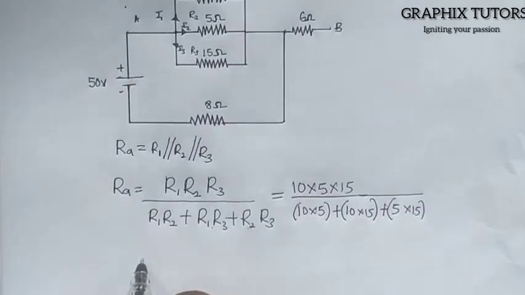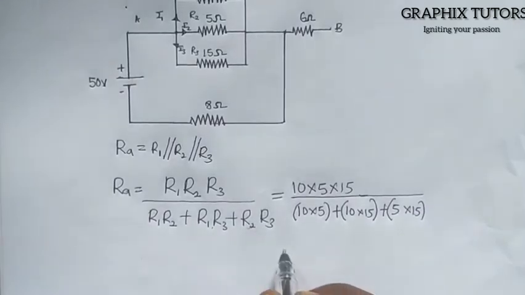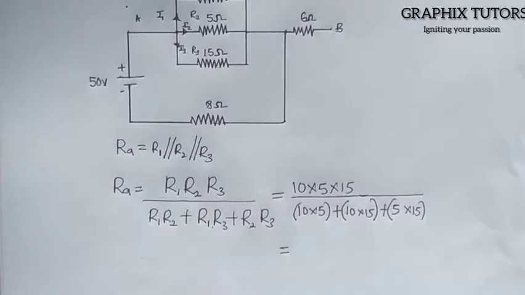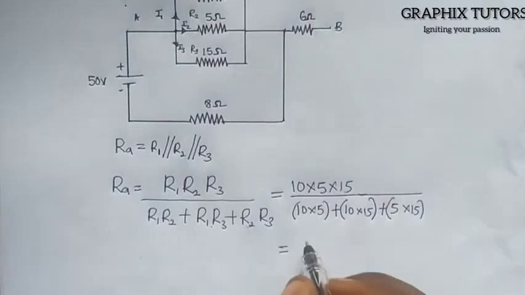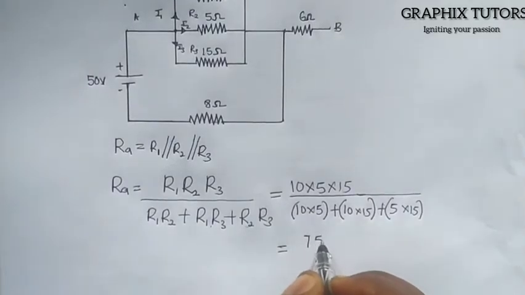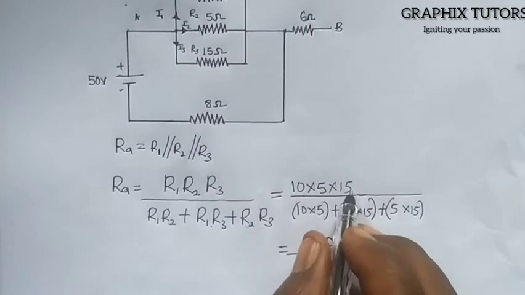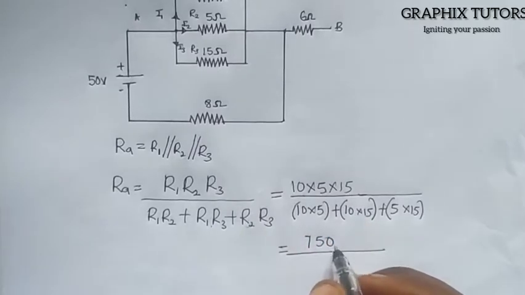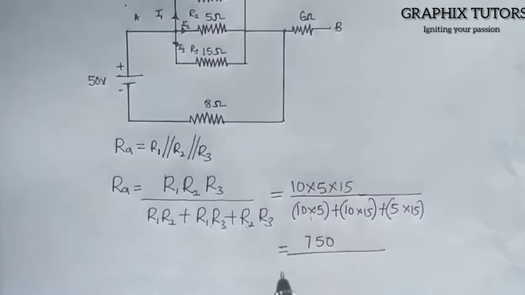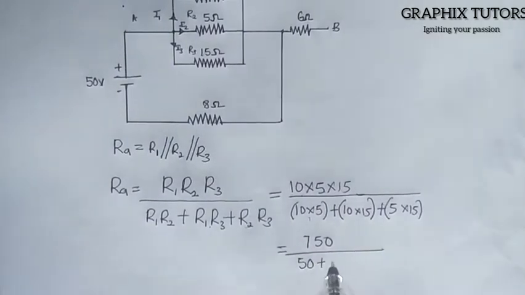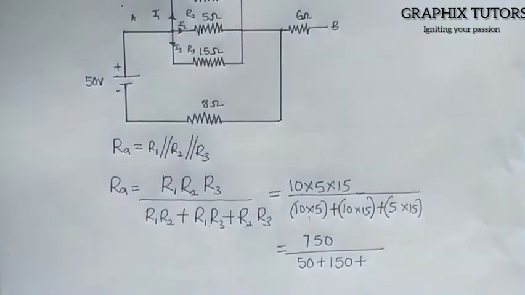Now if you multiply it together, 10 times 5 times 15, that will give us 750, all over 10 times 5 is 50, plus 10 times 15 is 150, plus 5 times 15 is 75.